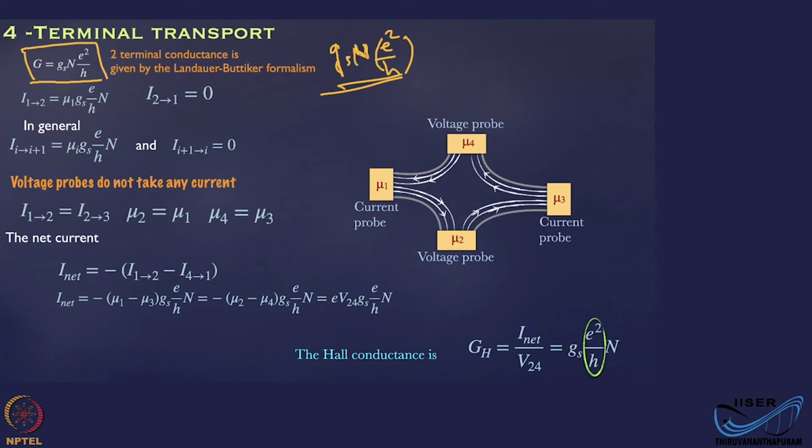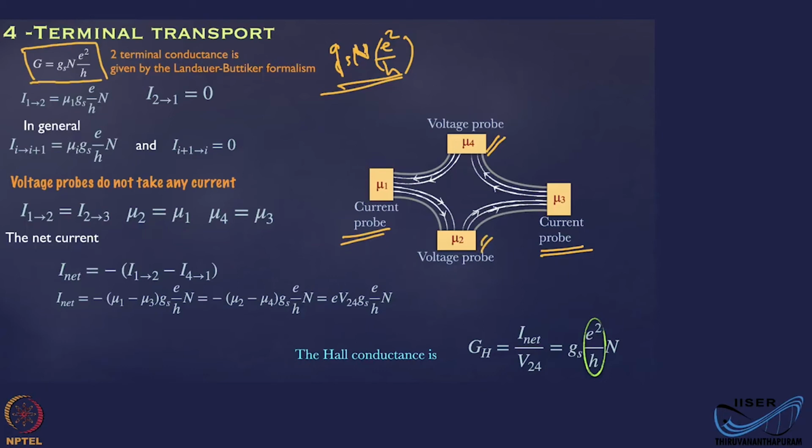Now, I have a system where I am injecting and removing electrons between mu1 and mu3. It doesn't matter which direction you do it. Then I am going to measure the voltage between mu4 and mu2, these two probes.